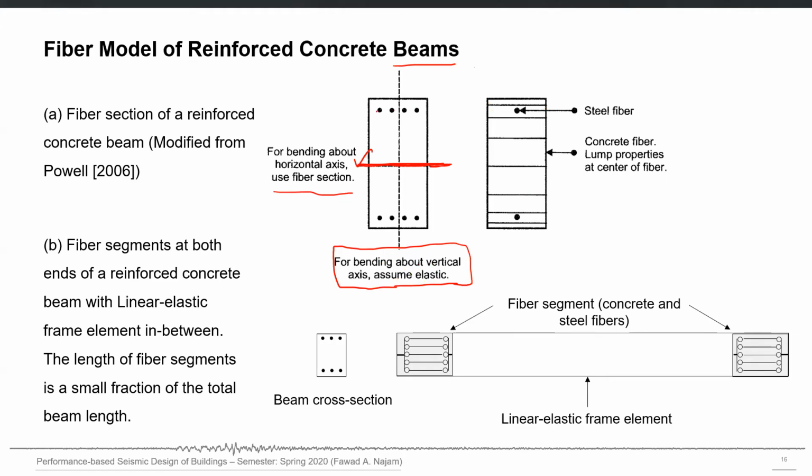At the top level we have all these steel bars, and we just lump them into one steel fiber, which will have an area equal to all of these four bars. Similarly, at the bottom we have one steel fiber with the area of all the steel bars, at the same level as the location of these bars. There can be certain other steel fibers also, depending upon whether we have some other bars or not.